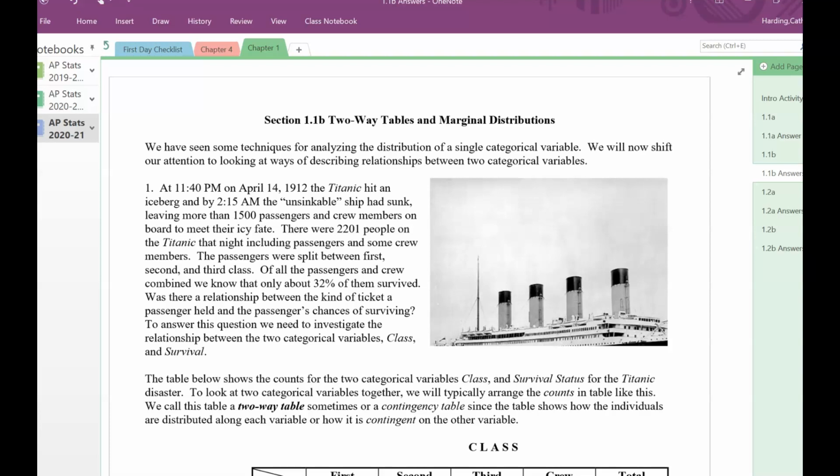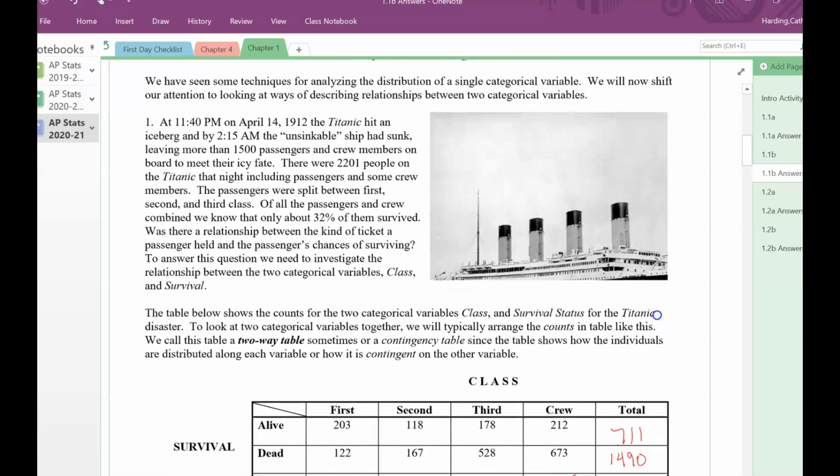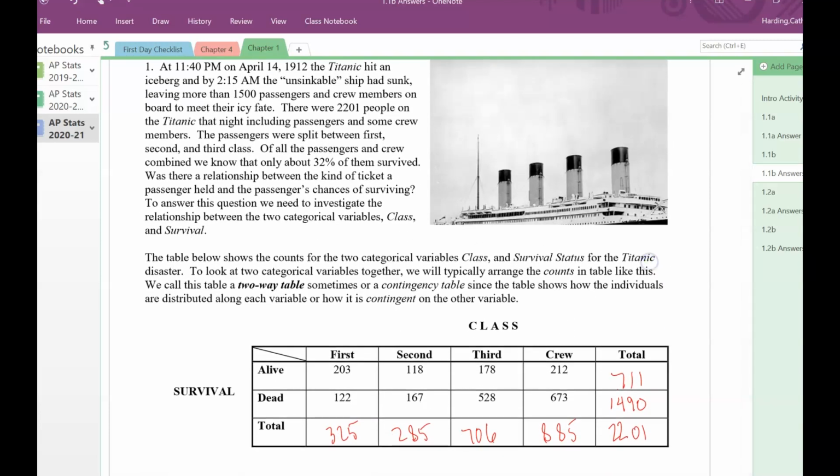And the way that you often display information for two categorical variables is in something called a two-way table or a contingency table. And you can see in the activity that one has been created that shows the counts of people that fit each criteria. So for example, there were 203 people that were in first class and survived when the Titanic sank.